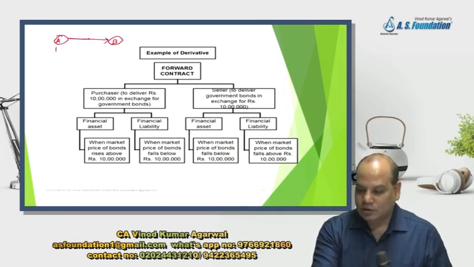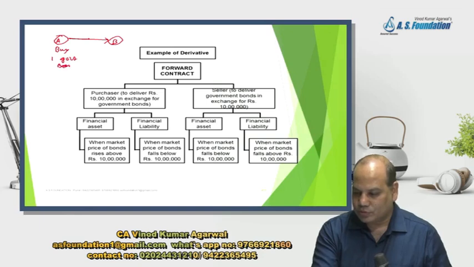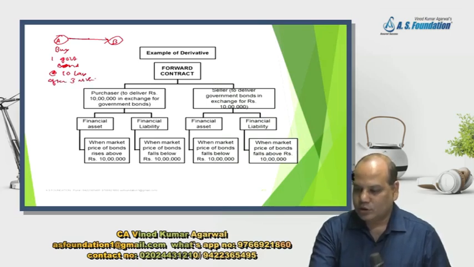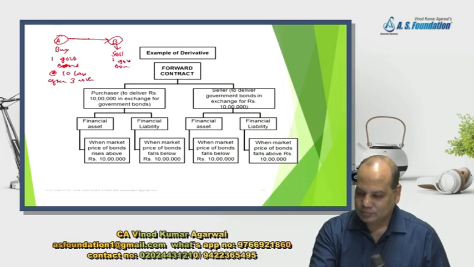A says, I want to buy one government bond from you at rupees 10 lakh after 3 months. And B says, I will sell you one government bond at 10 lakh after 3 months.